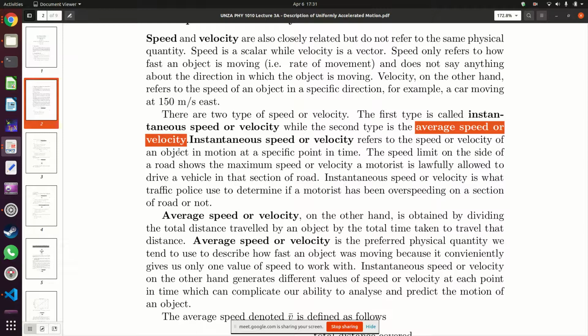This is just one value. Most of the time, the average speed or velocity might not even be one of the instantaneous speed values an object had. It's just that we are being lazy and we need to find a way of describing your movement in terms of speed.